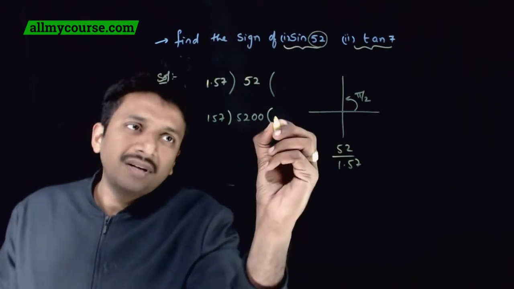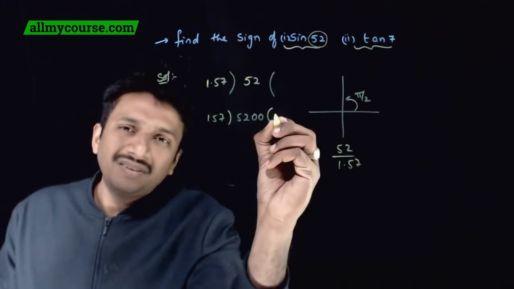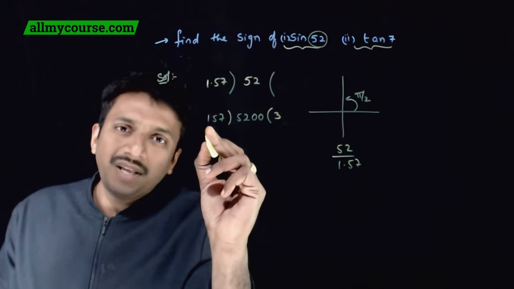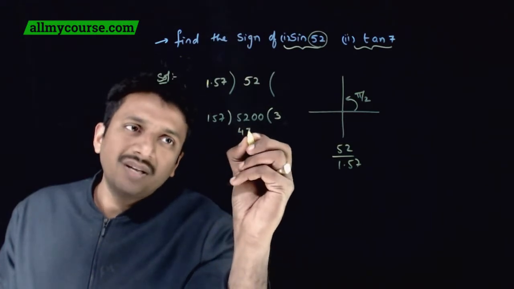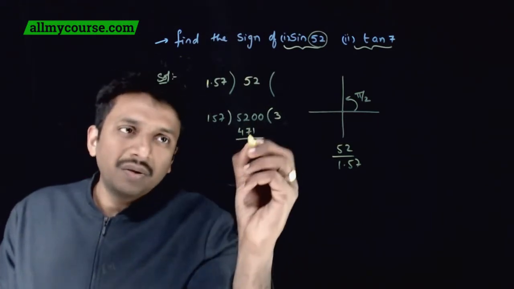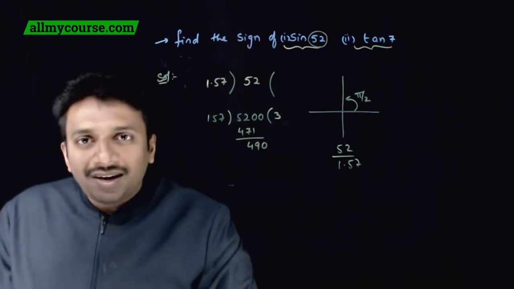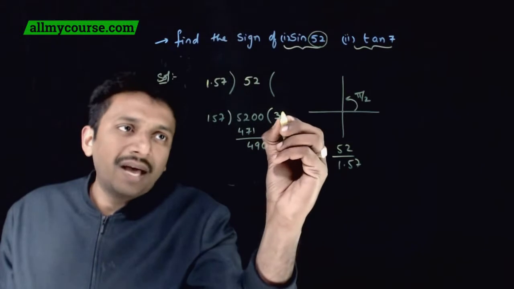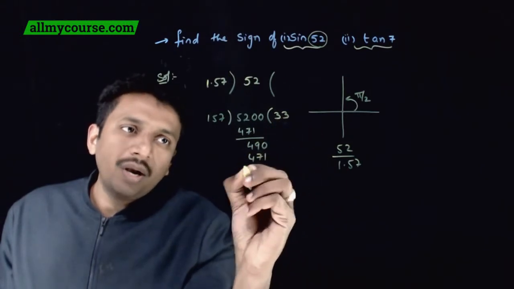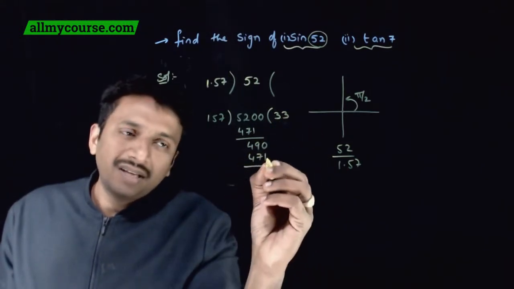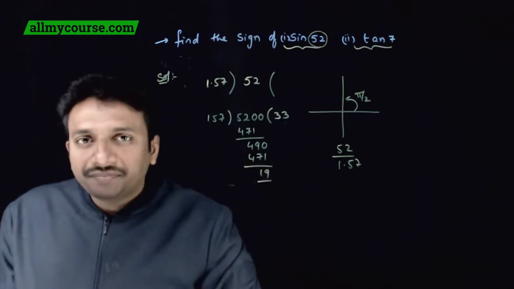So you have 157 into 3 is 450 plus 21 is 471. So you have 29 plus 20 is 49, 490. So again you have 3 times 157 is 471. So you have 19 remaining.